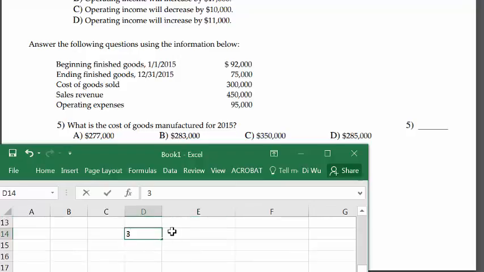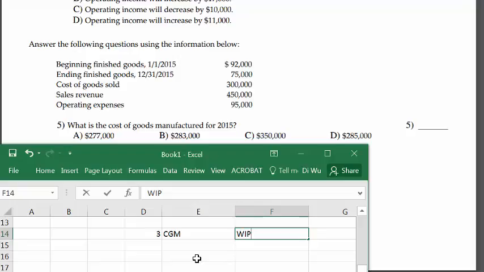So this is question 5. So what we have here is you should think about how to find the CGM. The CGM will appear in two major calculations. One is WIP. So whenever you manufacture some goods, and once you complete the manufacturing process, then you're going to move those goods finished from the WIP to the finished goods inventory.